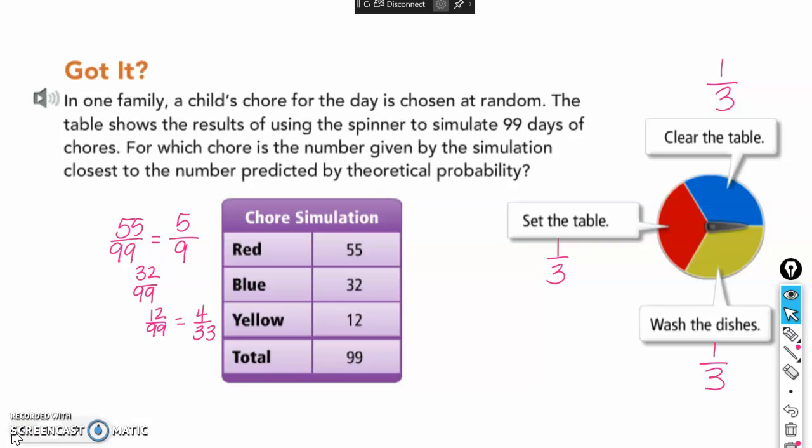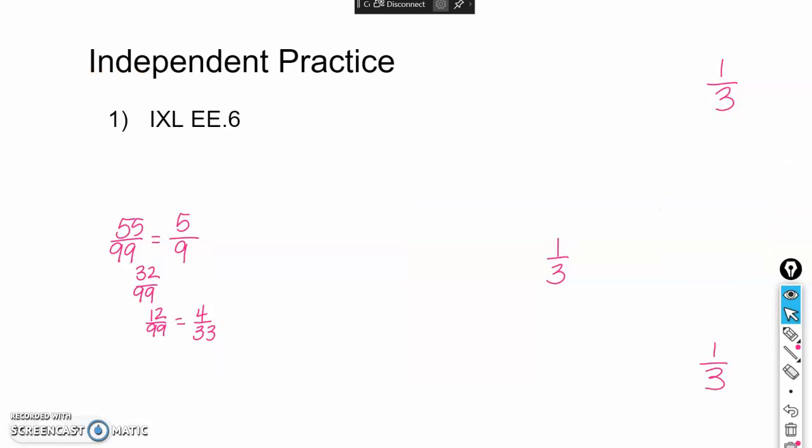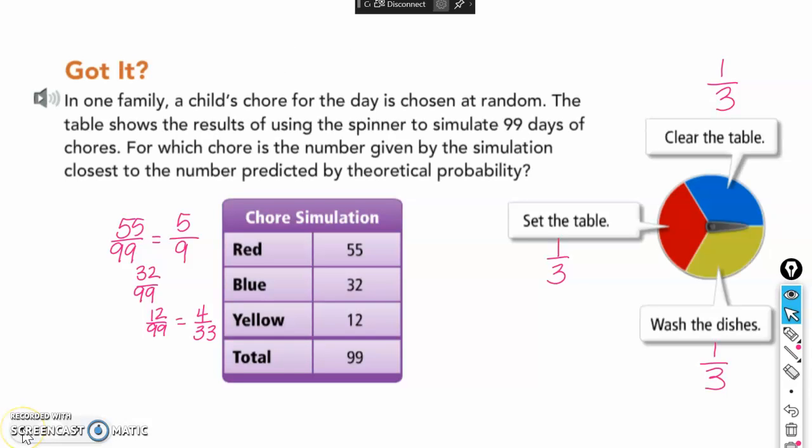Alright, so looking at the experimental probability, or the probability given by the simulation, we see 55 out of 99 for red, 32 out of 99 for blue, and 12 out of 99 for yellow. Well, all of the tours have a 1/3 probability. 1/3 probability with a denominator of 99 would be 33 out of 99.